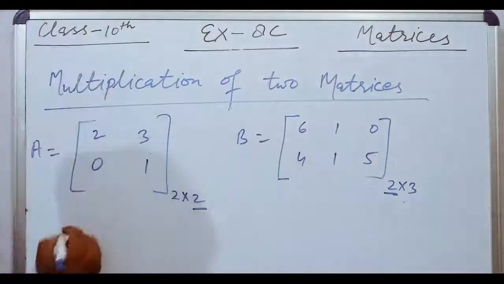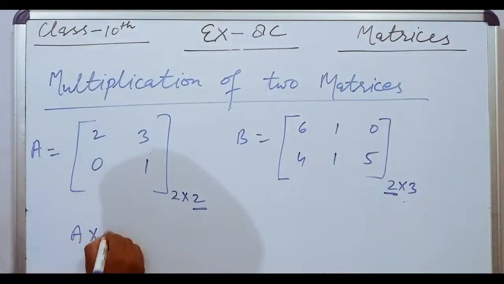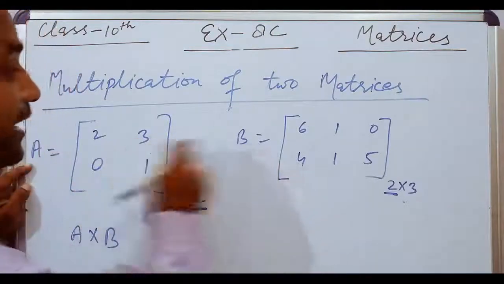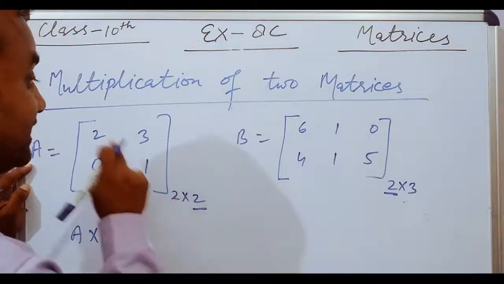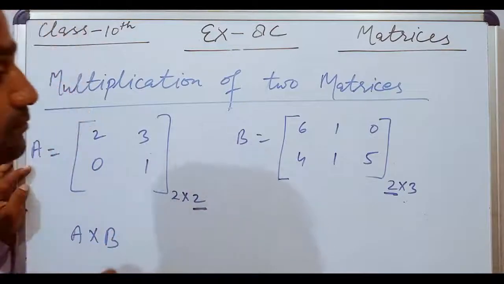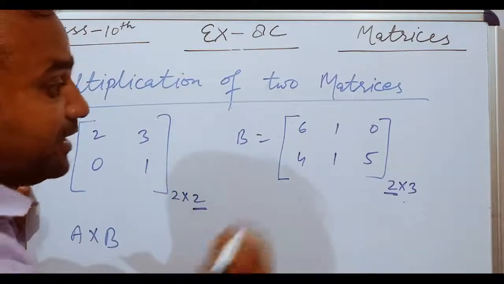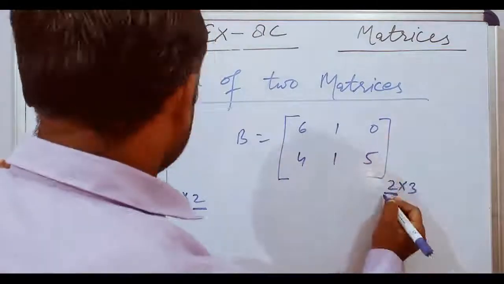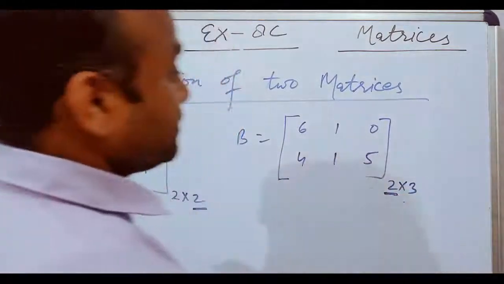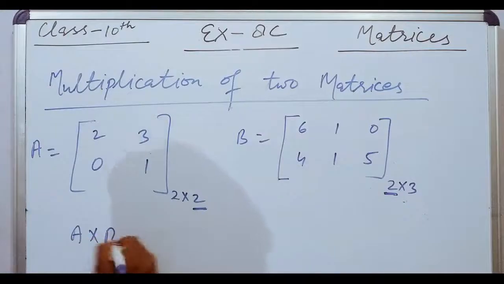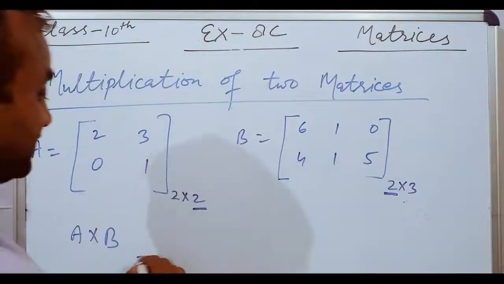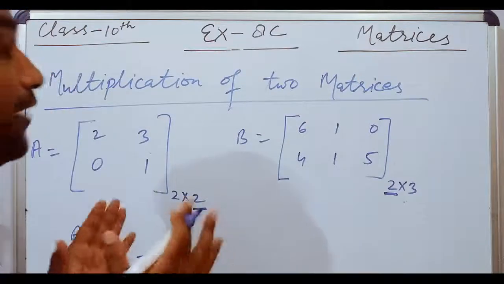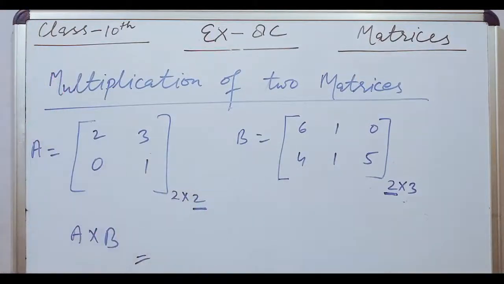Again I am repeating, multiplication of two matrices is possible if the number of columns of the first matrix is equal to the number of rows of the second matrix. This is the rule of multiplication of two matrices.